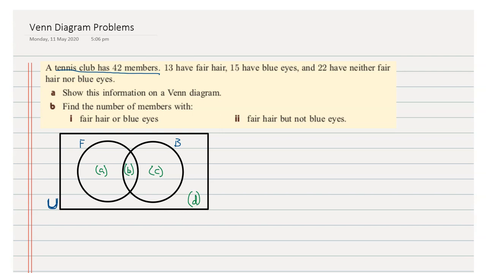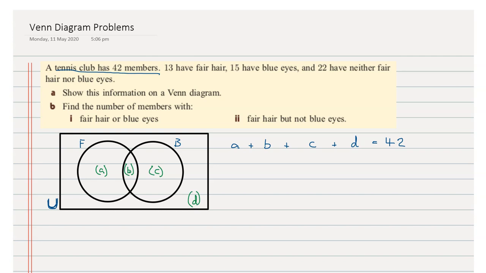So looking above, we can see the various equations, and I'm going to try and figure out the distribution of the people based on the information given up here. We'll say A plus B plus C plus D all have to sum to a grand total of 42, because the question tells us there are 42 members within the tennis club, or 42 items within the universal set.